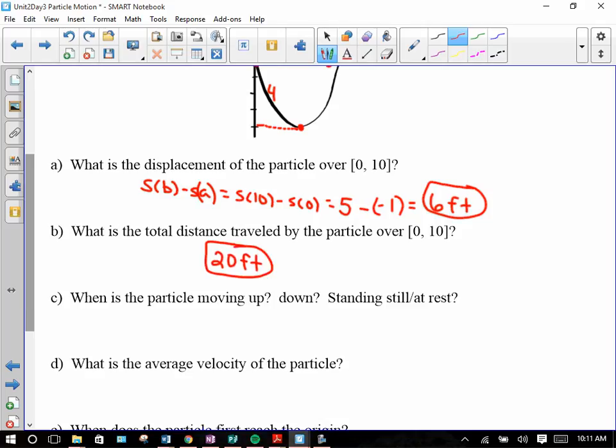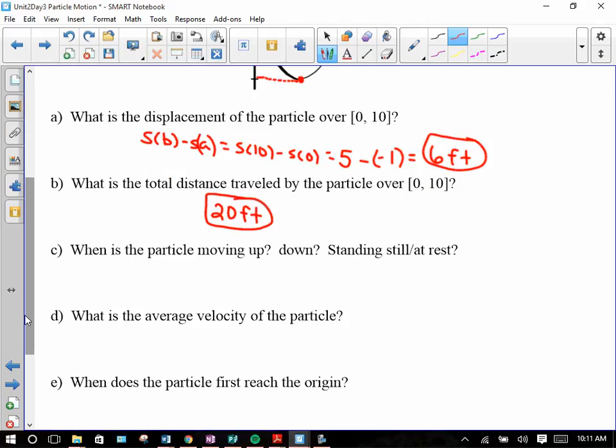Make sense so far? Yeah. Alright. So, when is the particle moving up, down, staying still, at rest? All we have to look at right now is the graph.